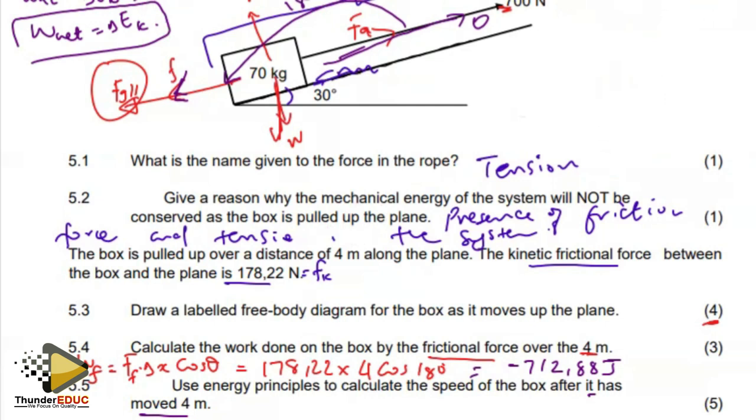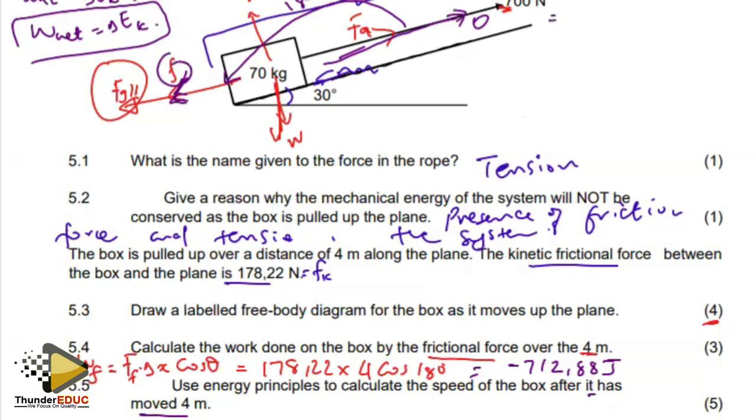All right, so for the net work, since the direction is up and there's just one force working up there, we're saying net work is going to be the work done by the tension, plus the work done by the frictional force, and then the work done by FG parallel, because from our free body diagram we saw that FG parallel and the frictional force are acting in the same direction.